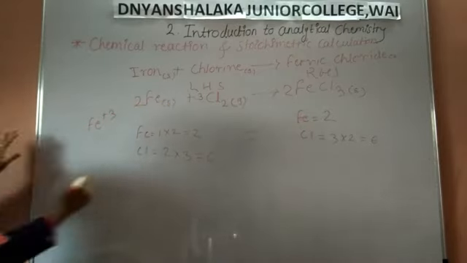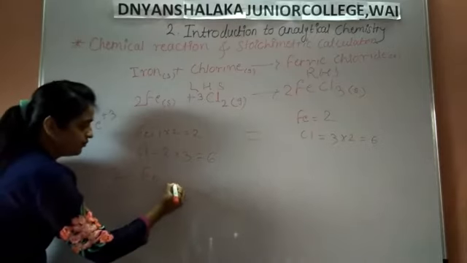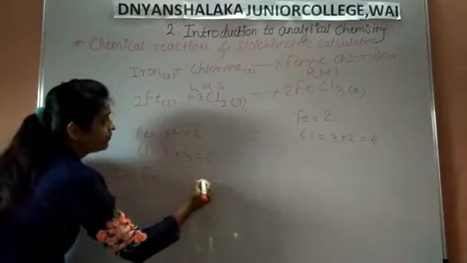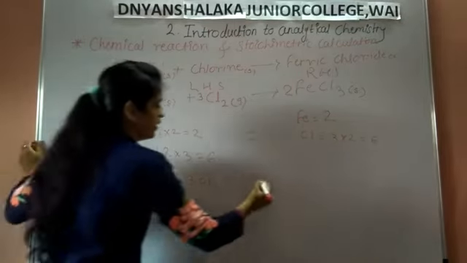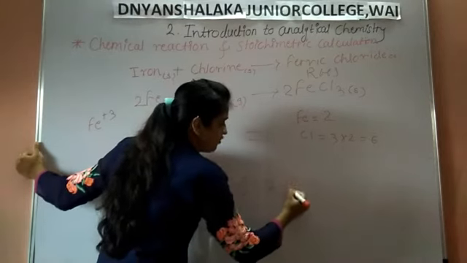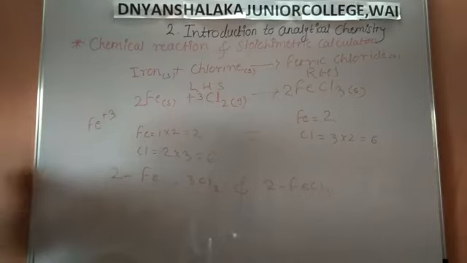So this is the stoichiometric coefficient: for iron 2, for chlorine 3, and in the product 2 moles of ferric chloride. We use these numbers to balance the chemical equation.